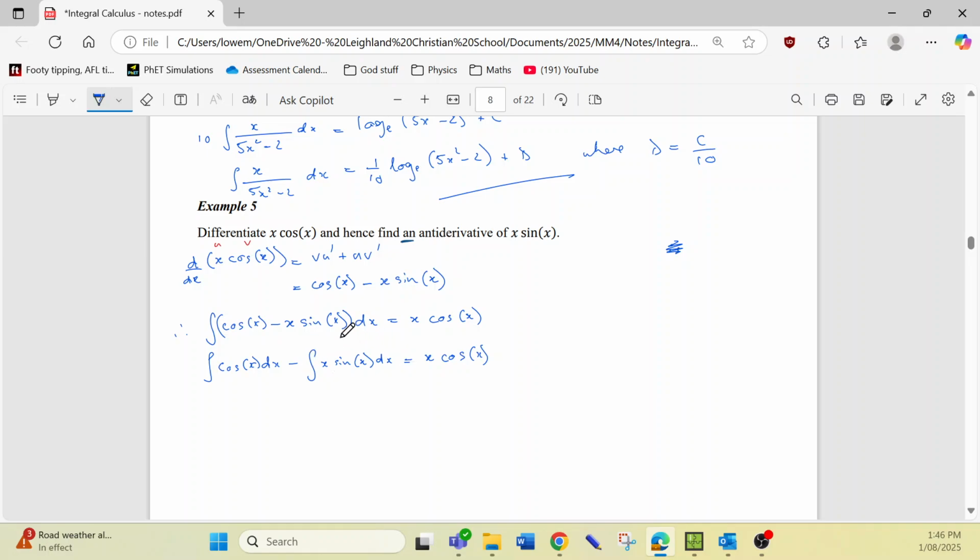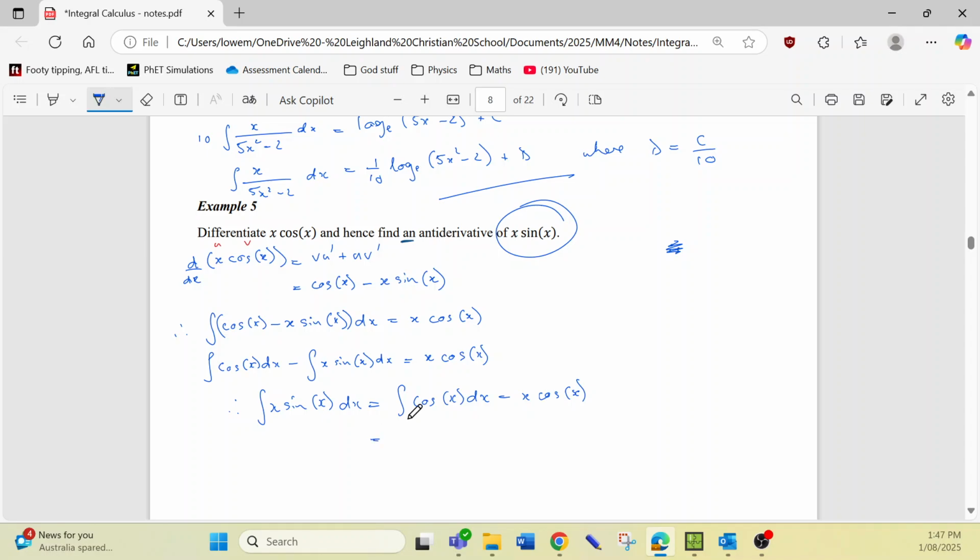We want to get this integral of x sine x on its own, because that's what we're trying to find. So effectively, if we rearranged it, brought that over to this side and then brought the x cos x over with the integral of cos x dx, then we can say that the integral of x sine x dx will equal the integral of cos x dx minus x cos x.